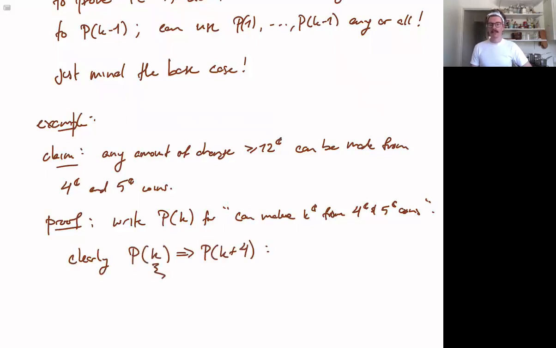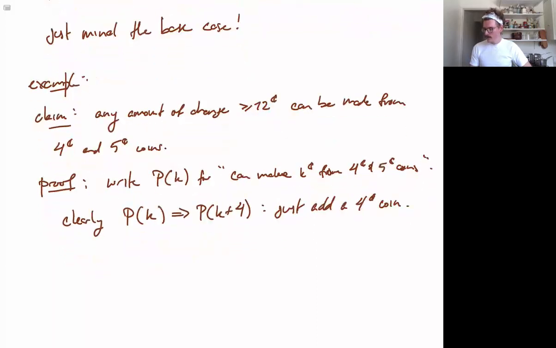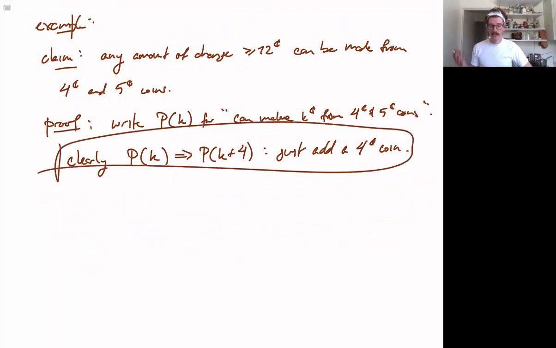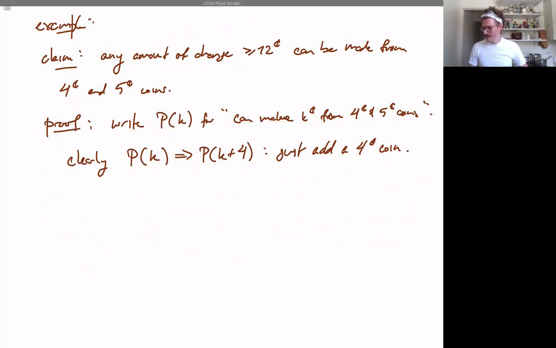Because if you can make K cents, then you can make K plus 4 cents just by adding a 4-cent coin. So this is basically our whole induction step that we already wrote down. But now we need to be careful with the base case and get a robust enough base case that it can support this induction step.